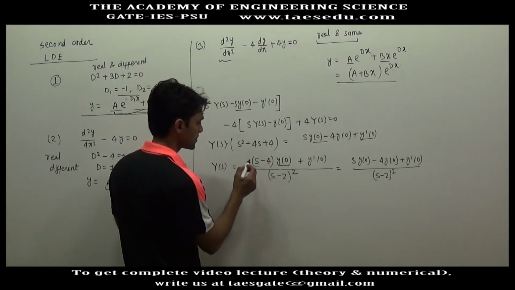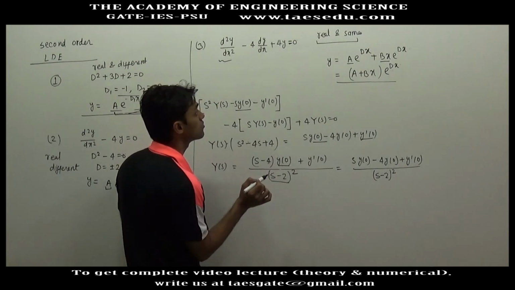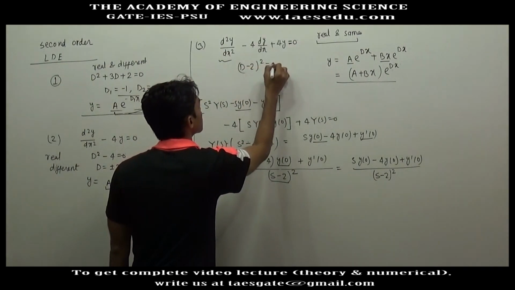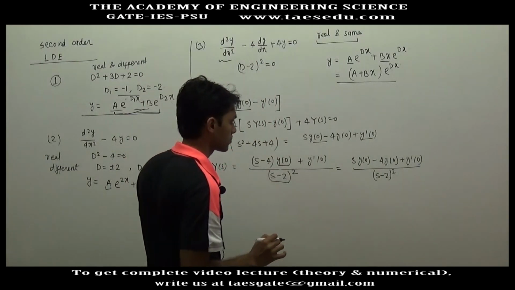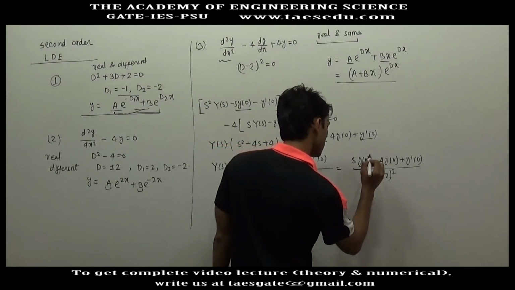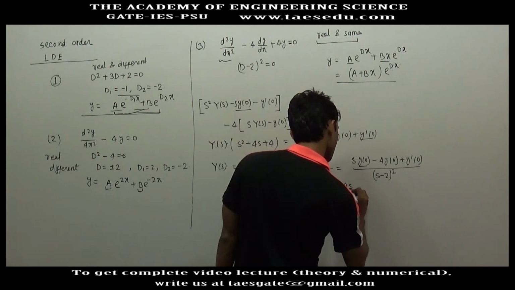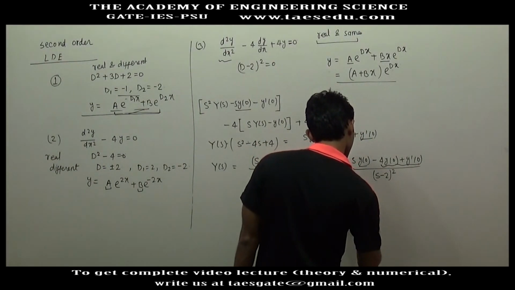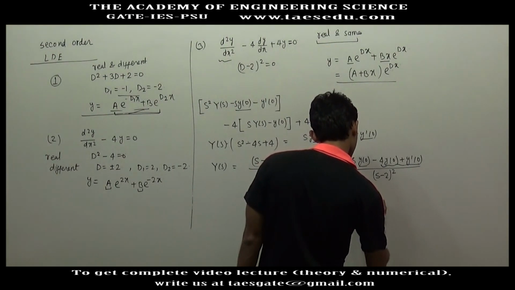Since the roots are the same, we are getting (s minus 2) whole square, the way we got (d minus 2) whole square equal to 0. Now y(0) is a constant, so we will write it as a s plus another constant b, divided by (s minus 2) whole square.